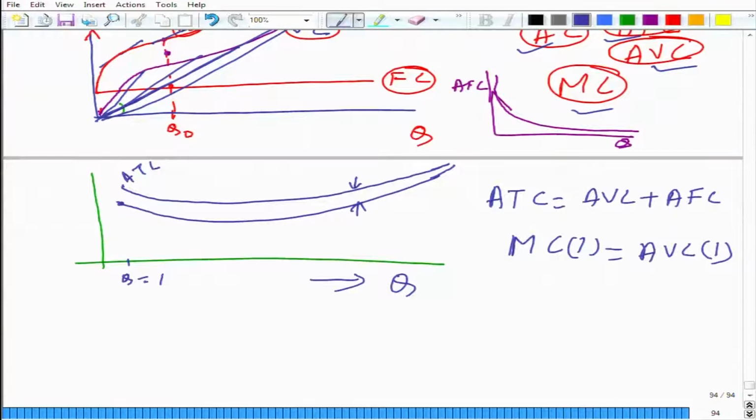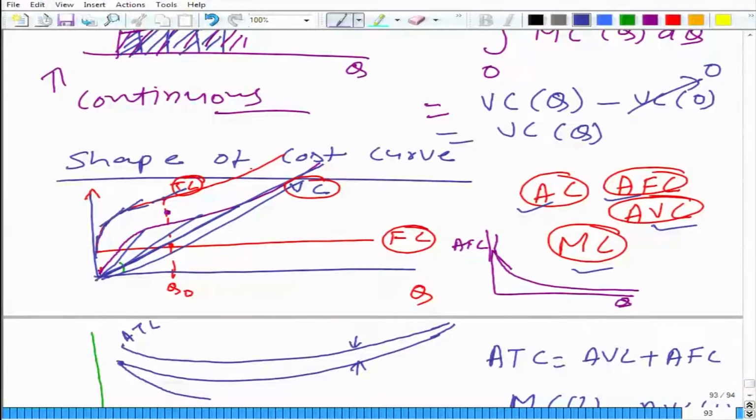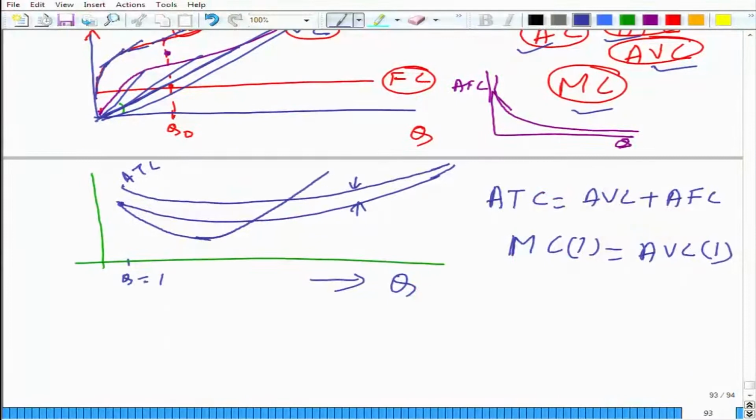So, what is happening here? Is it decreasing or increasing? Let us look at the slope here: the slope is decreasing, decreasing from this value. Then it starts increasing at this point, the same point where the average curves start increasing.